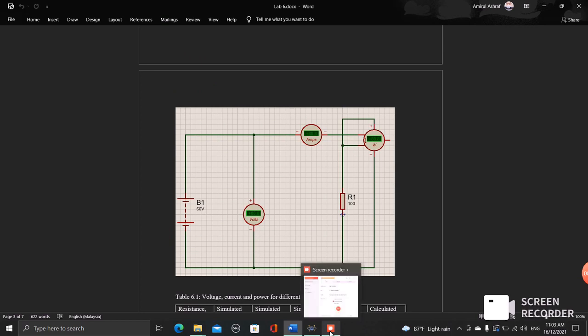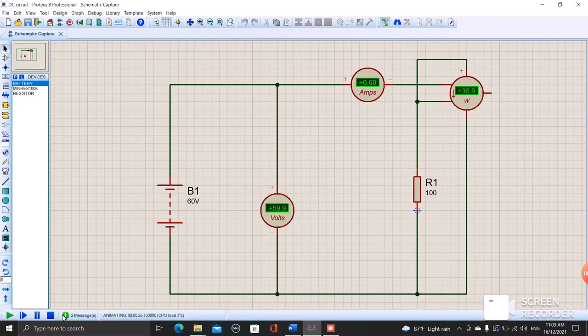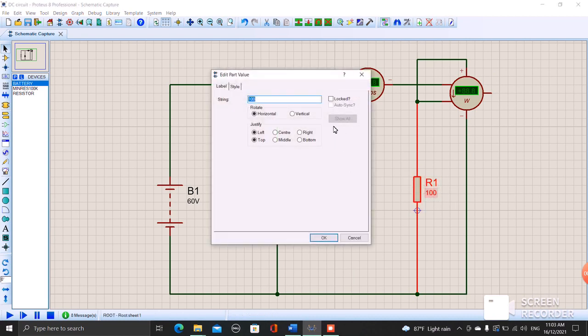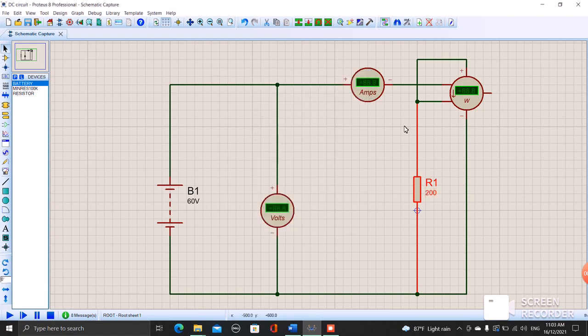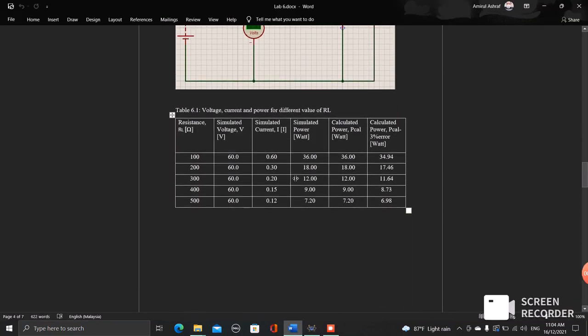and then we put 200 for the resistance value, and then we simulate. We get the power is 18, and then we calculate the power manually.